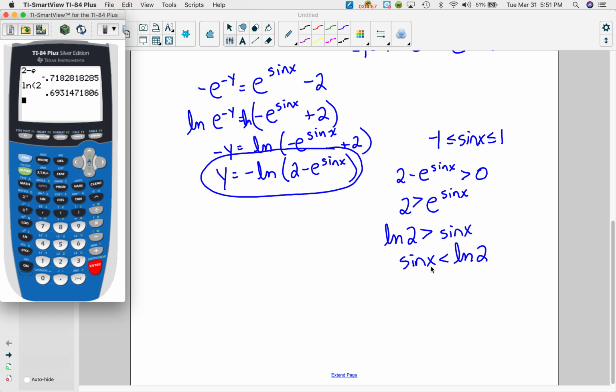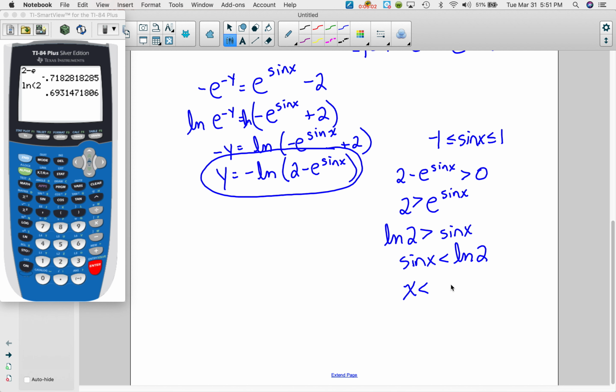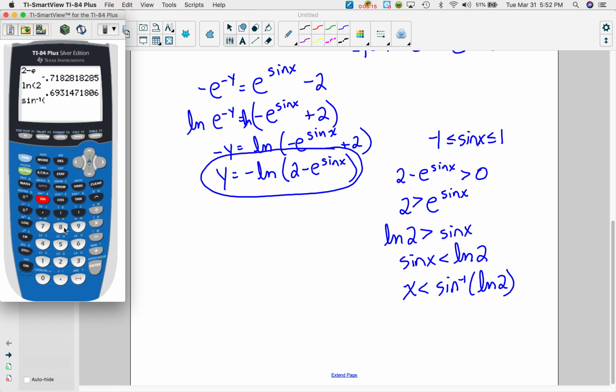Now you could solve for x, but then x would be less than inverse sine of ln 2, and then you would get into the issue of sine x being an oscillating function, so we're not going there.